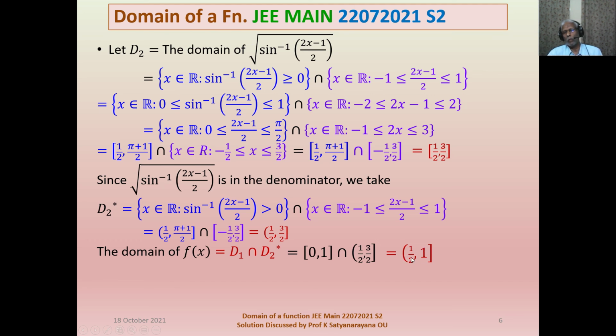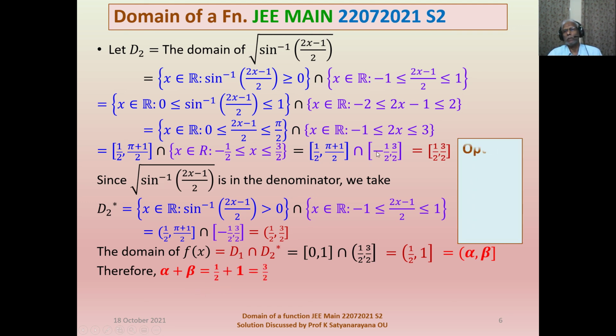It is 1 by 2 to 1, semi-open, open at 1 by 2 end, and it is equal to alpha comma beta, semi-open interval open at alpha end. And we have to compute alpha plus beta, and alpha is 1 by 2, beta is 1, and alpha plus beta will be equal to 3 by 2.